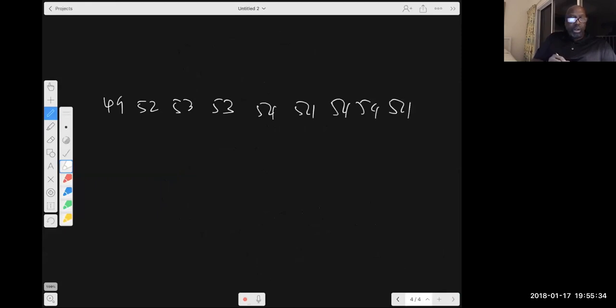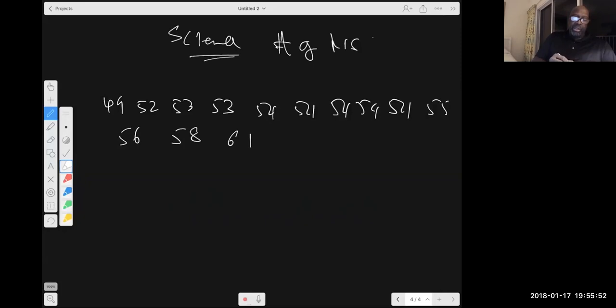Looking at our numbers again: 49, 52, 53, 53, 53, 53, 54, 54, 54, 54, 55, 56, 58, 61. That's 13 values. All right, so that is science and the number of hours of prep.